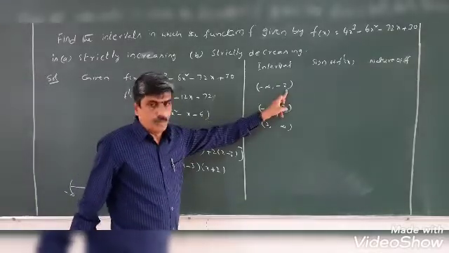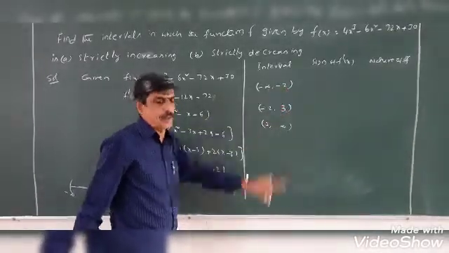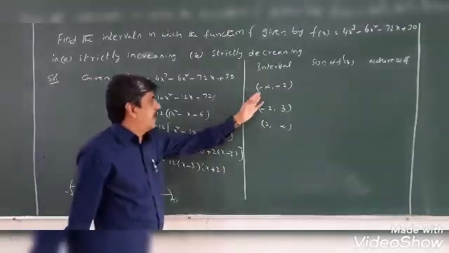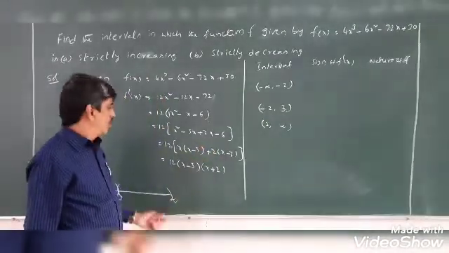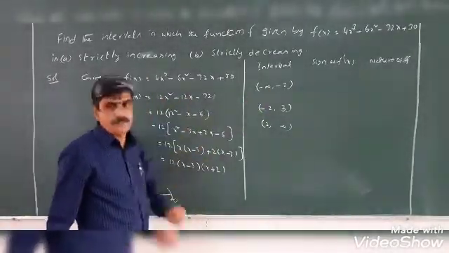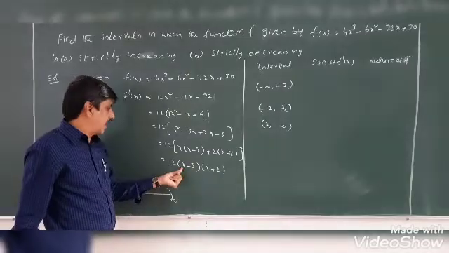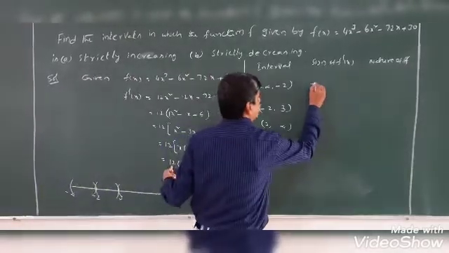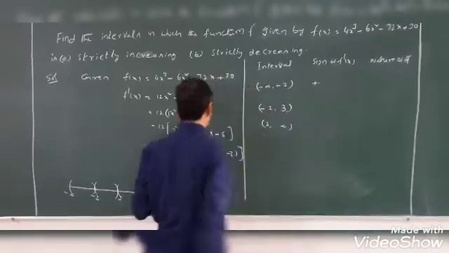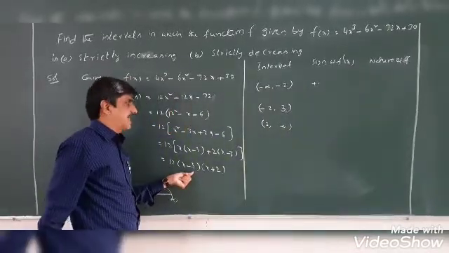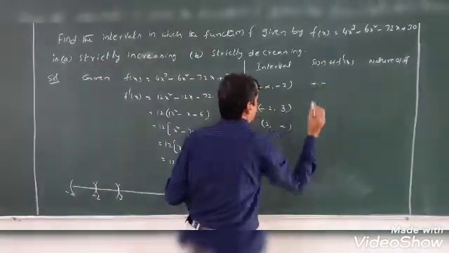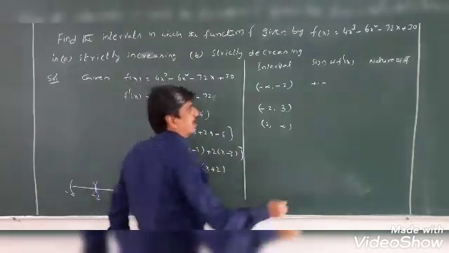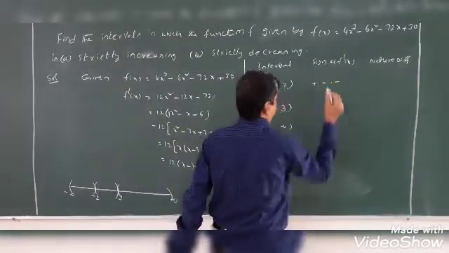Minus infinite to minus 2. There are infinitely many real numbers there. Take one of the numbers, suppose minus 3. Minus 3, if I am substituting here, 12 is plus, minus 3 minus 3 means minus, minus 3 plus 2 is also minus.